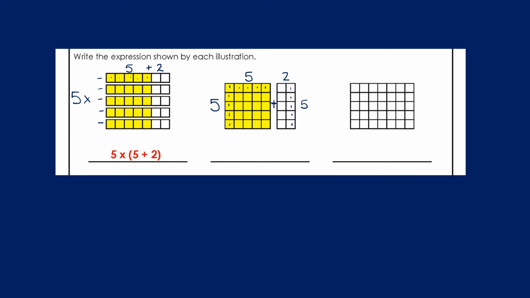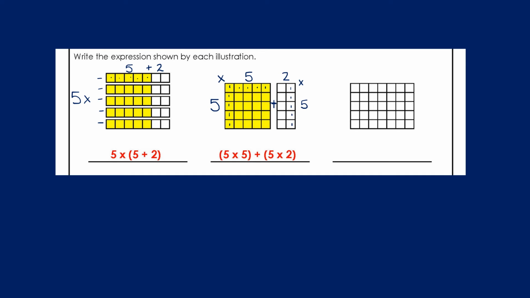To figure out how many blocks are yellow, I would multiply 5 times 5, and to figure out how many are white, I'd multiply 2 times 5. So my expression would be 5 times 5 plus 5 times 2.